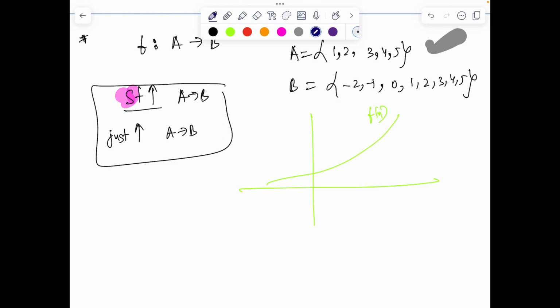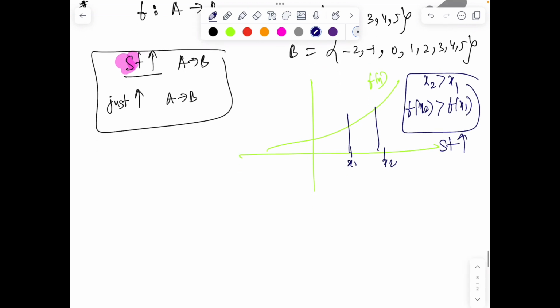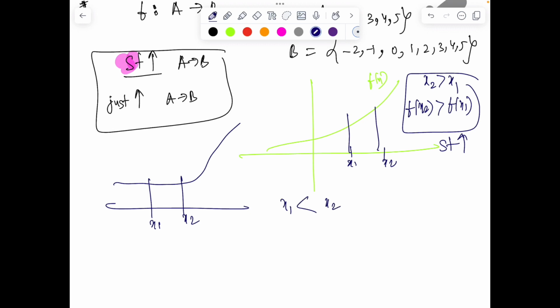So before I go, let me tell you what is the meaning of a strictly increasing function. So you know, for any function f of x, it is known as strictly increasing if given 2 inputs, the output is strictly greater. So f of x2 is more than f of x1 if x2 is greater than x1. So it's known as strictly increasing function. What about increasing function? Increasing function might even be constant in some places.